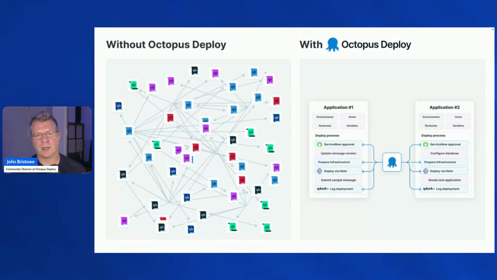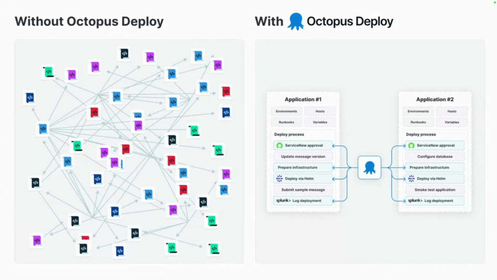So understanding the why is kind of interesting because you see a lot of scenarios today where a lot of folks are building their own do-it-yourself scripts. So without Octopus Deploy, you build out a lot of scripts. These scripts can contain a variety of variables that change from environment to environment. Can get a bit unwieldy, can be difficult to manage.